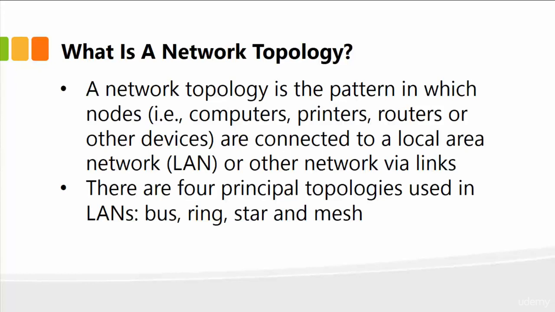There are four principal topologies used in local area networks, which is bus, ring, star, and mesh. And I'm going to talk in detail about each of these kinds of topologies.